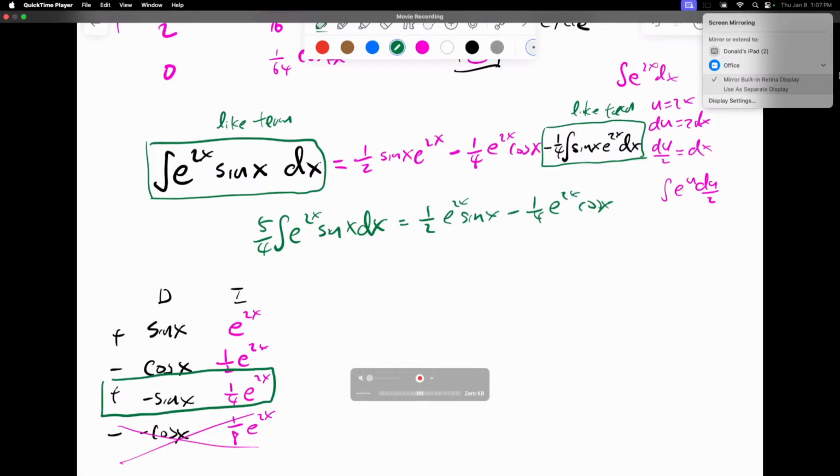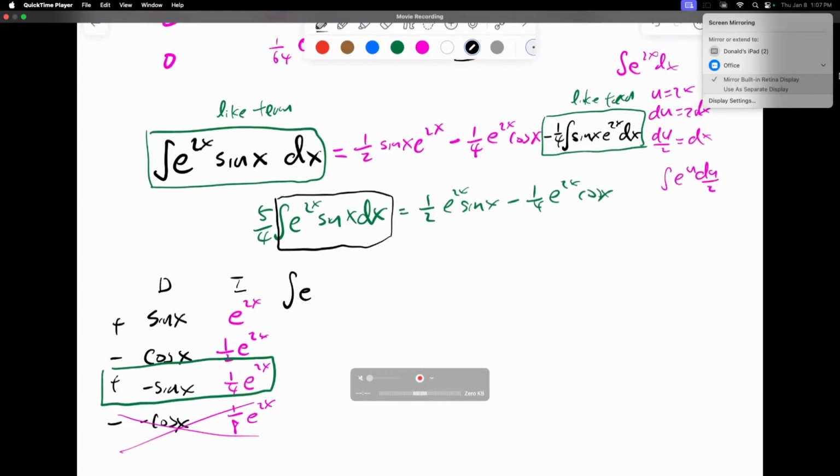So now, in order to get the integral, I can just isolate this. So times 4/5 on both sides. So therefore the integral of e to the 2x sine of x dx, you times 4/5 to cancel 5/4, right? So 4/5, so it'll be what?